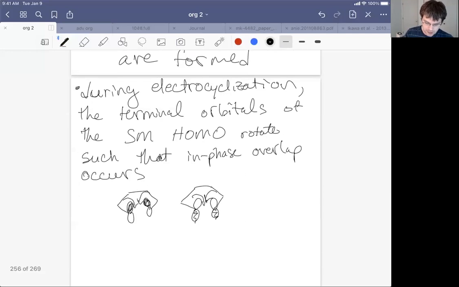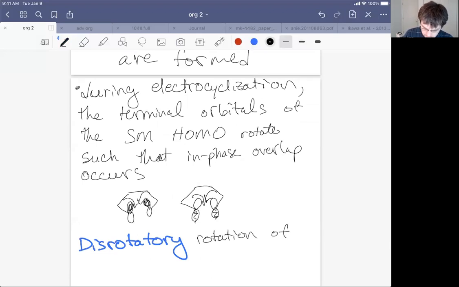Okay. Now, this brings up an important term called disrotatory rotation of molecular orbitals.